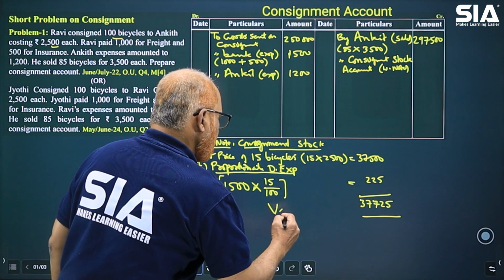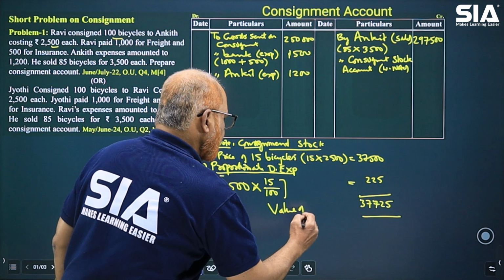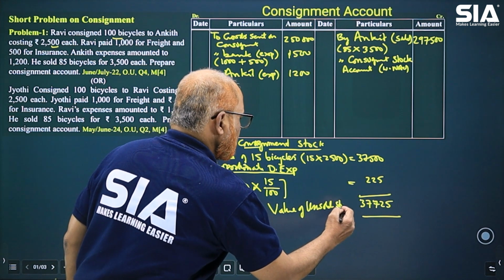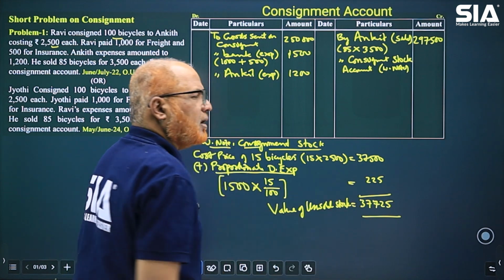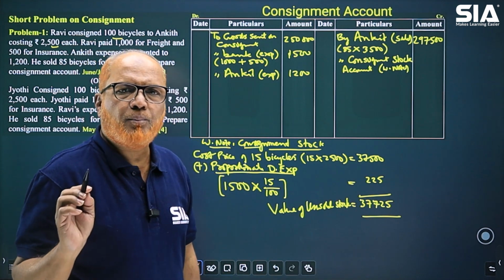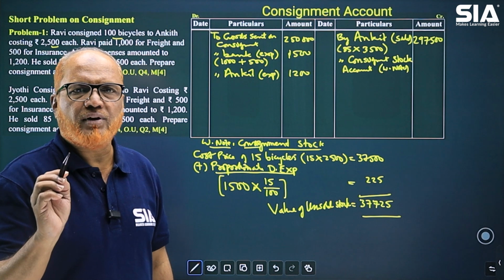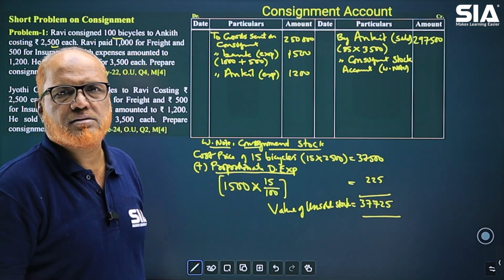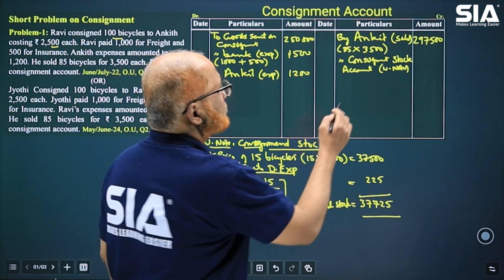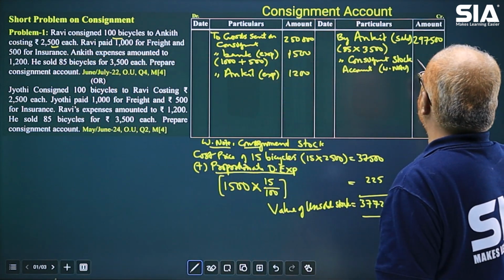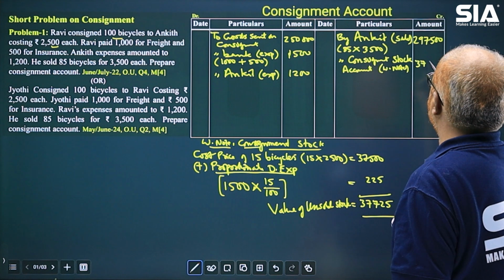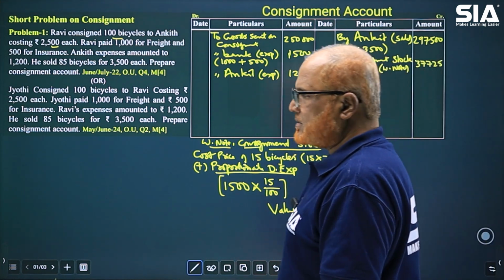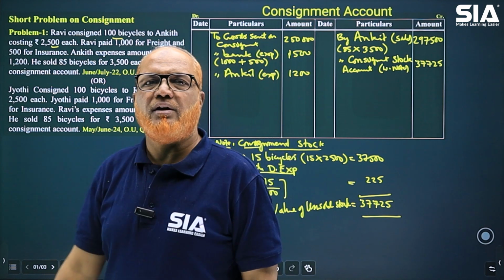This is the value of unsold stock. Remember, it will not be given in the problem. The value of unsold stock you have to calculate in working note like this. So 37,725 I am taking here. That's it. So all the items we have taken.